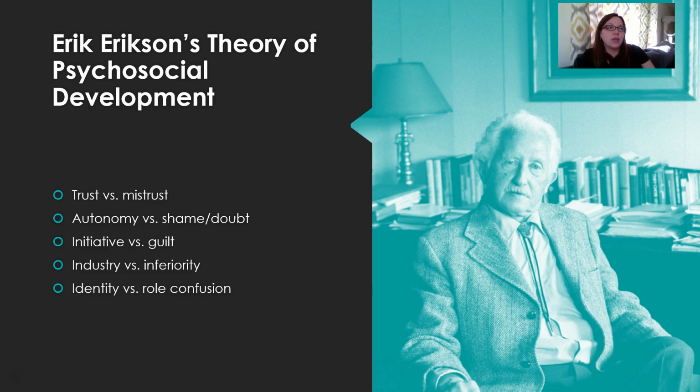So if the kiddo today has to wear shoes when we go outside to go to the store, you can wear the red rain boots or the blue gym shoes. And then they're getting that ability to choose, which fosters autonomy and builds their confidence, versus shame and doubt. That's the unfavorable outcome here.